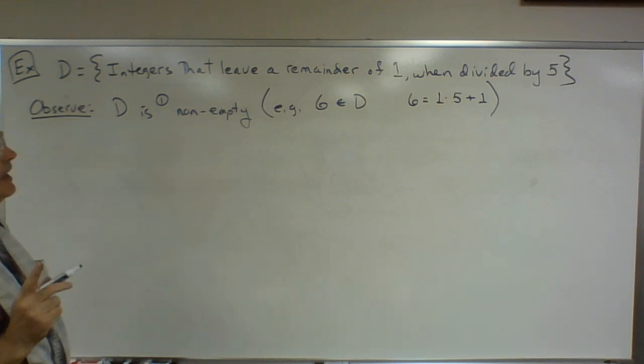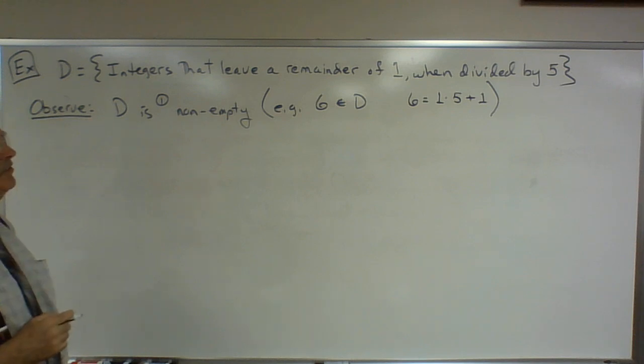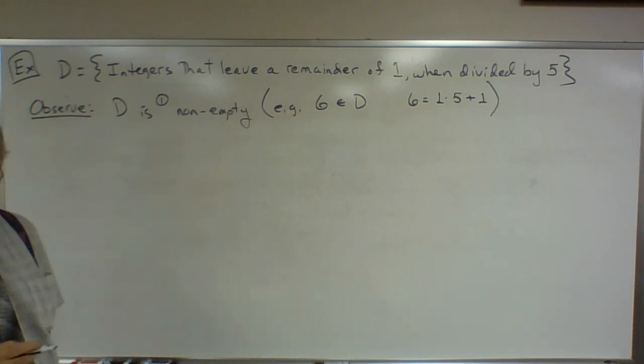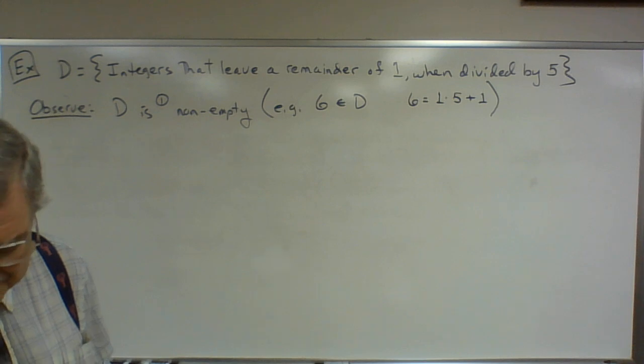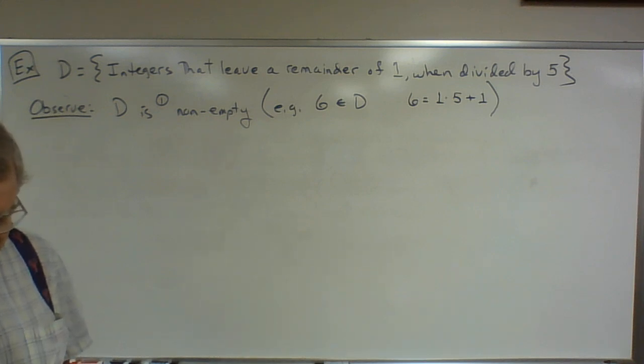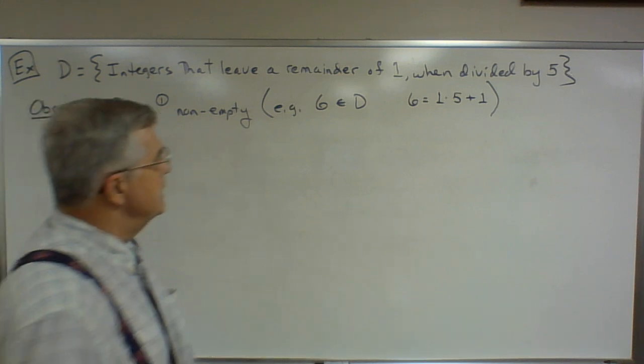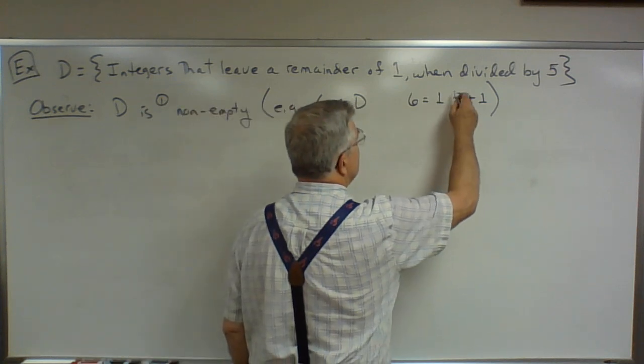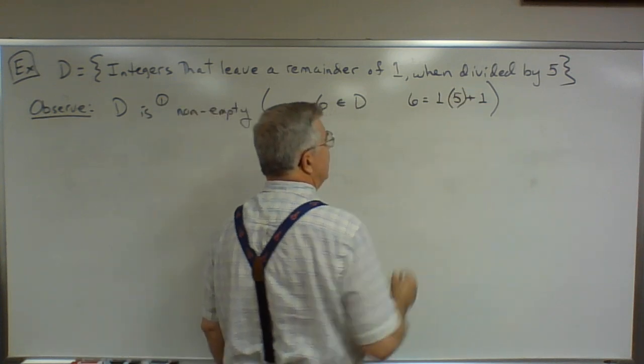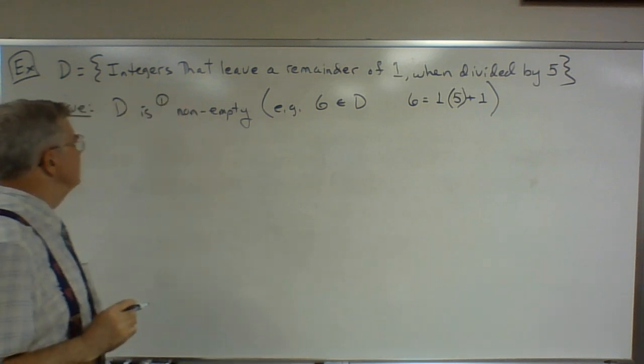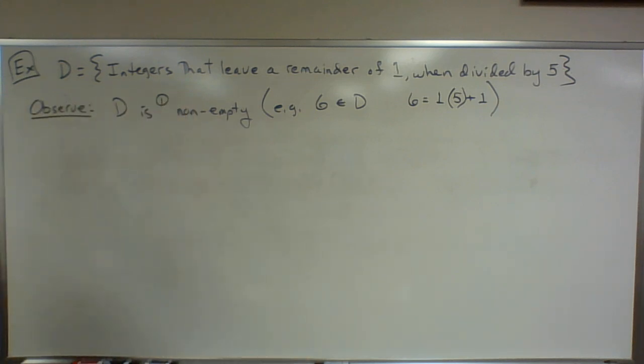So 6 is an element of D. When we divide 6 by 5, we get a remainder of 1. And let me make sure I'm consistent on my notation here. I want to write everything the same way.